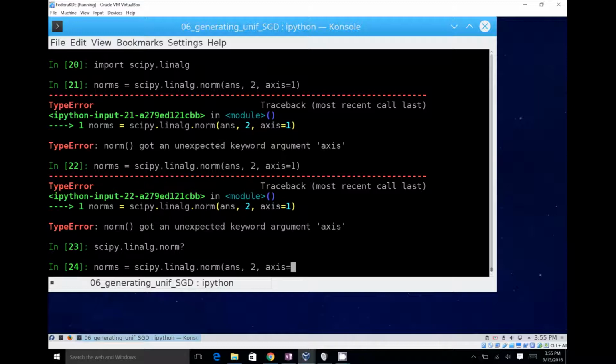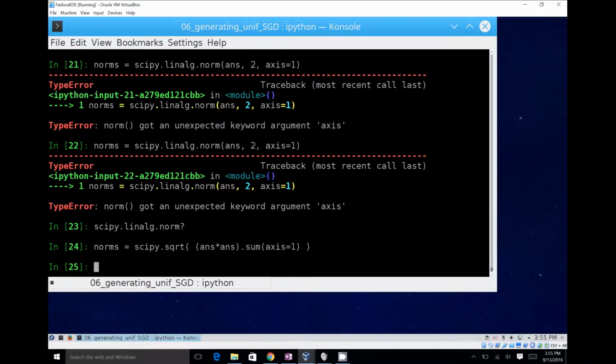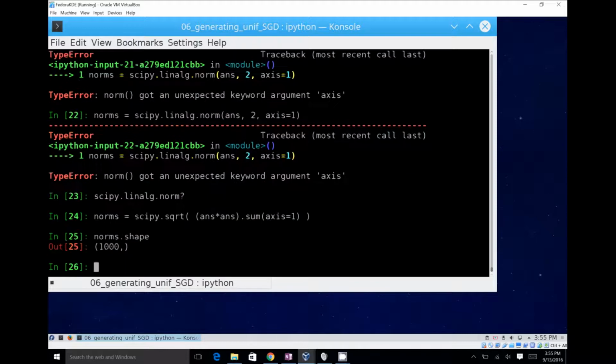So let's just compute the norms ourselves. SciPy square root of answer times answer, sum across the first dimension. So now I have 1,000 vector norms for my 1,000 vectors.